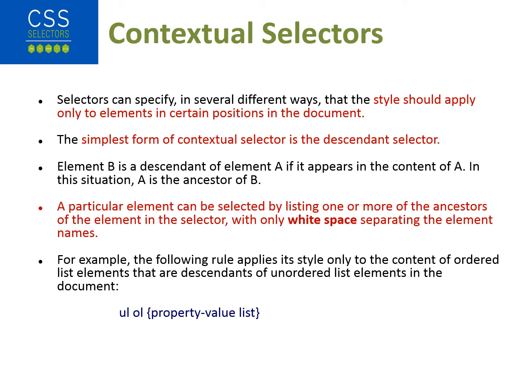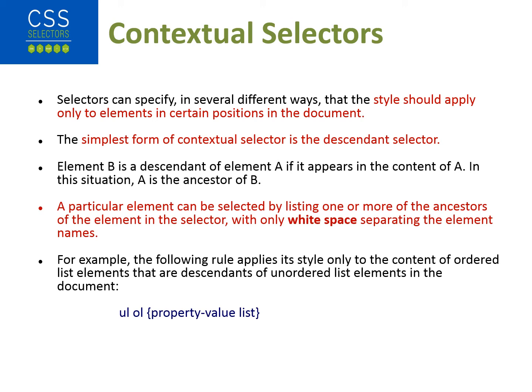A particular element can be selected by listing one or more of the ancestors of the element in the selector, with only white space separating the element names. So if we want to select a particular element by listing one or more of its ancestors, we can specify that condition by using white space in the selector.